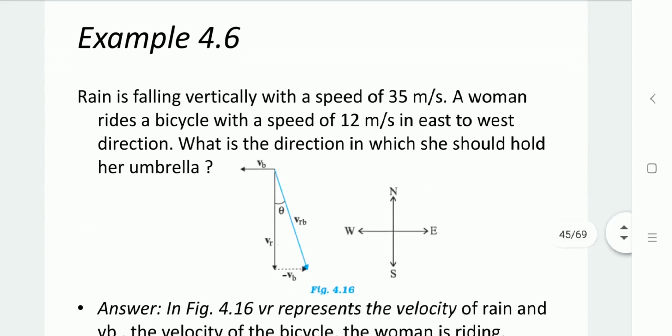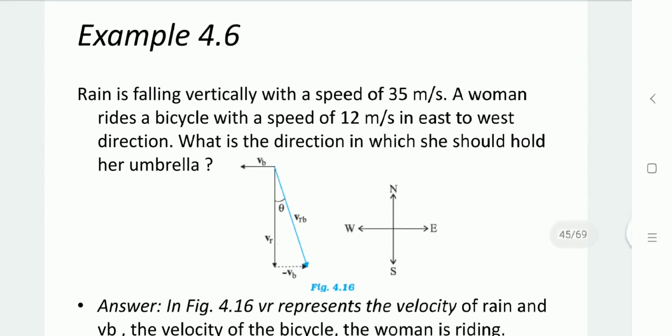Rain is falling vertically with the speed of 35 meter per second. A woman rides a bicycle with a speed of 12 meter per second in the east to west direction. What is the direction in which she should hold her umbrella?